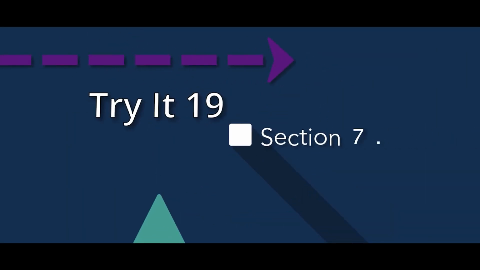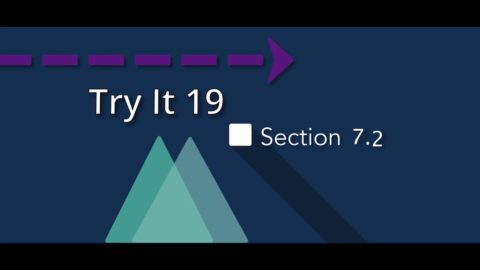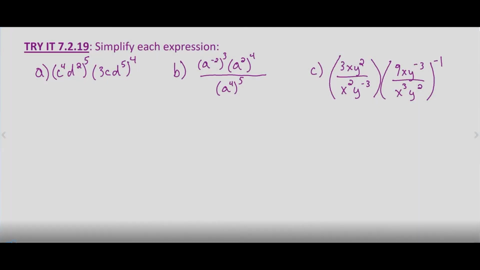All right, so now we're putting all of the properties of exponents from this section together into expressions that we need to simplify. Please note that sometimes the order isn't going to matter, sometimes it is. As a general rule, I'm going to work from the outside in.